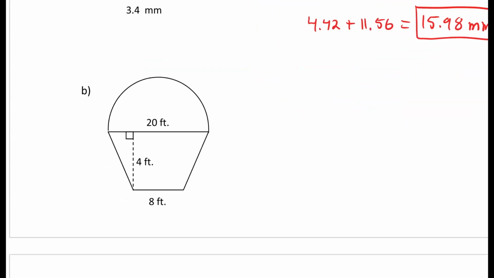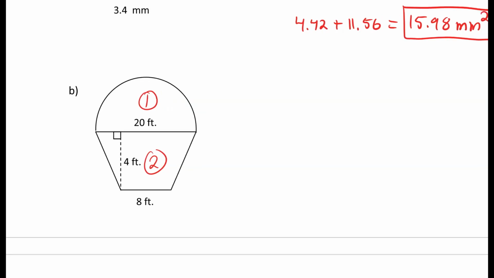Last composite shape, we have a semicircle, so half of a circle, which we're going to label 1, and we also have a trapezoid, which we're going to label 2, just so we can keep track of which one we're finding first. So if we're going to do the area of the half circle first, our area equals pi r squared, and because it's only half of a circle, we're going to be dividing it by 2.